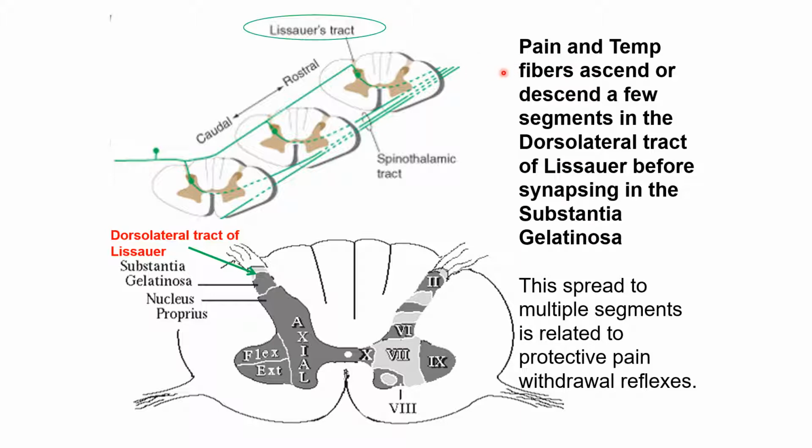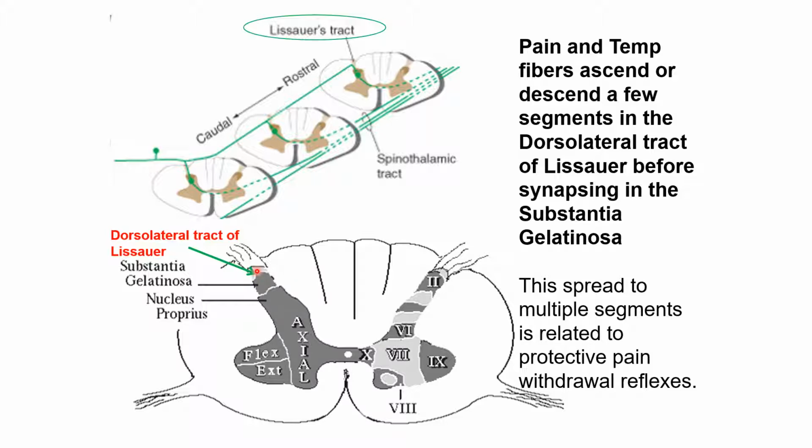Pain and temperature fibers ascend and descend a few segments in the dorsolateral tract of Lissauer, and we see that represented here, right above the dorsal portion of the dorsal horn.